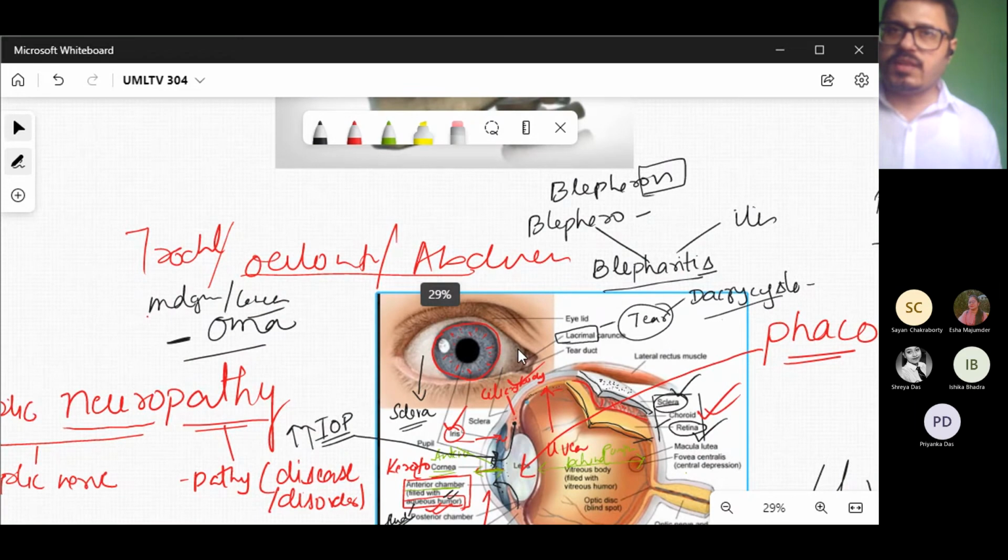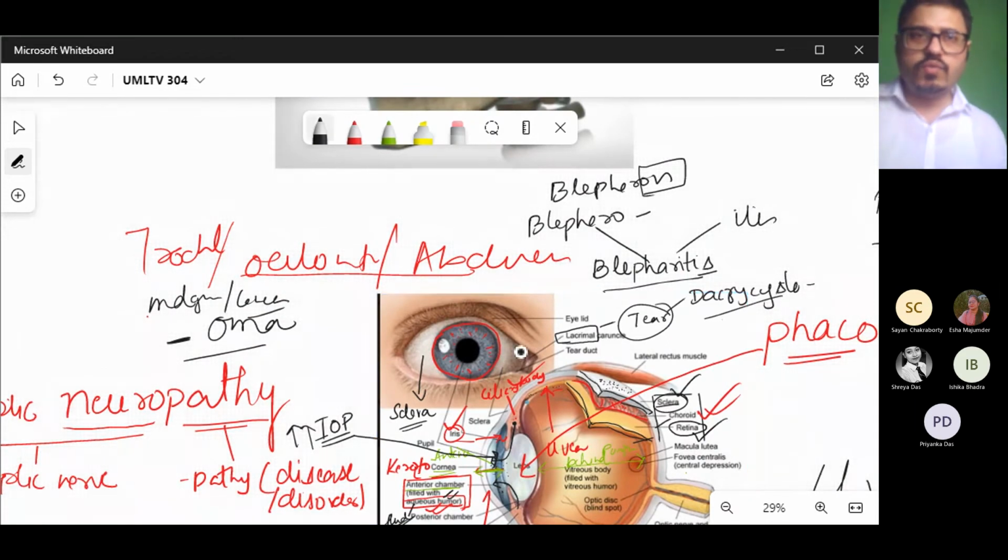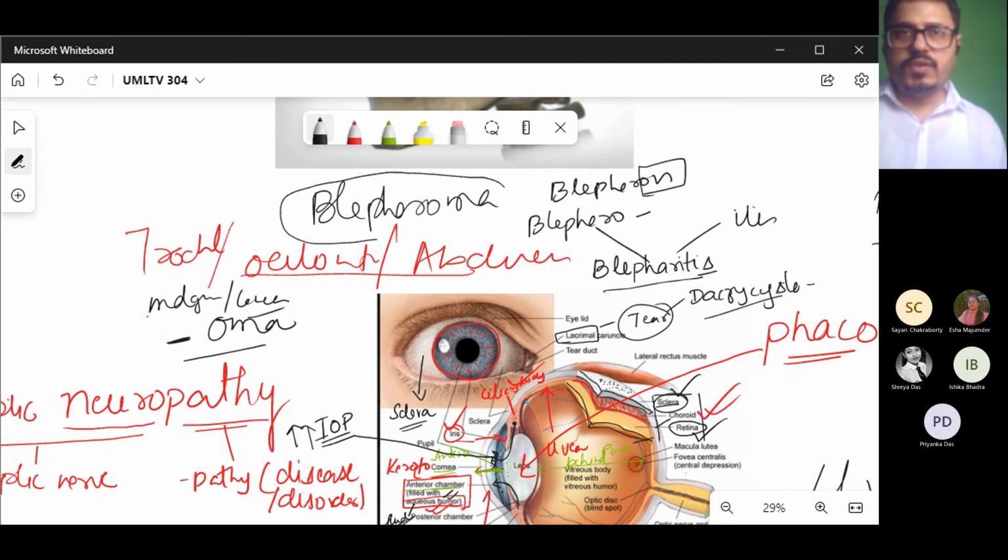That is also quite possible. In that case, the term would be blepharo plus oma, blepharoma. You can make almost innumerable combinations with these prefixes and suffixes, and a good majority of these combinations have their own practical usage and significance. Did you understand? Yes, sir.